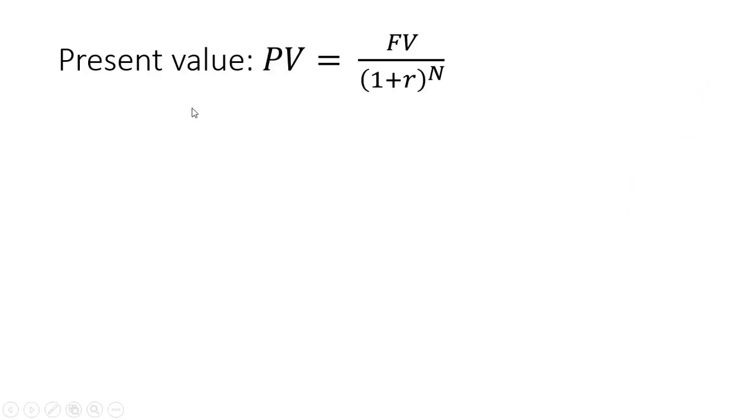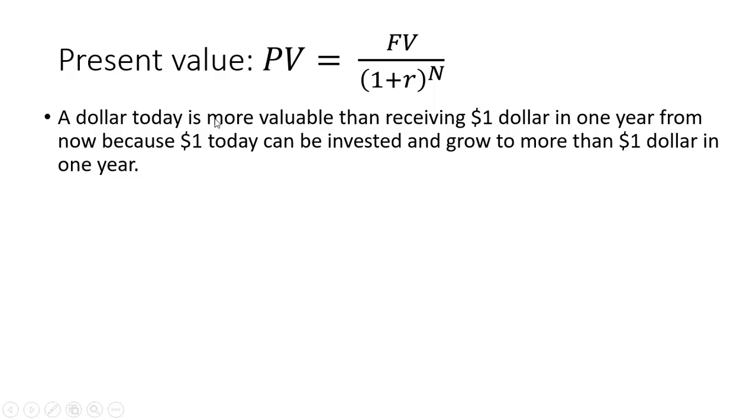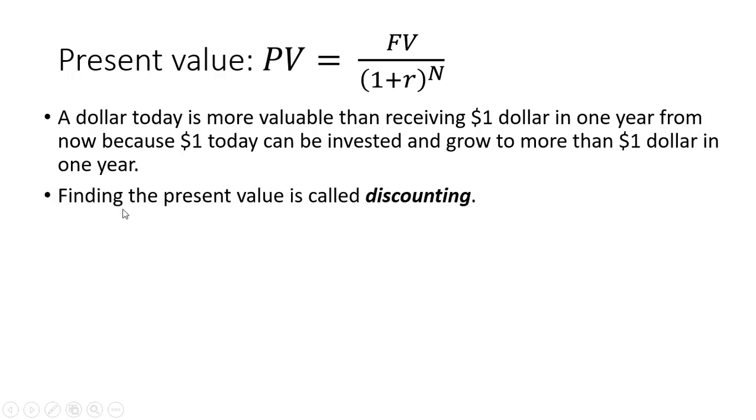A few things about present value, PV. $1 today is more valuable than receiving $1 tomorrow or $1 in 1 year from now. Why? Because $1 today can be invested and grow to more than $1 in a year from now. Finding the present value is called discounting.